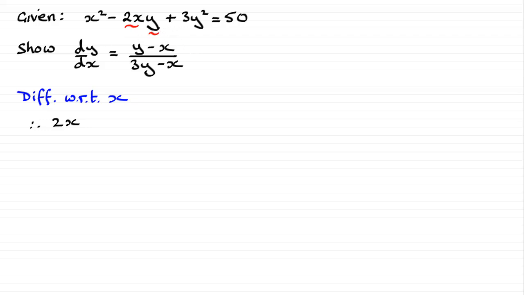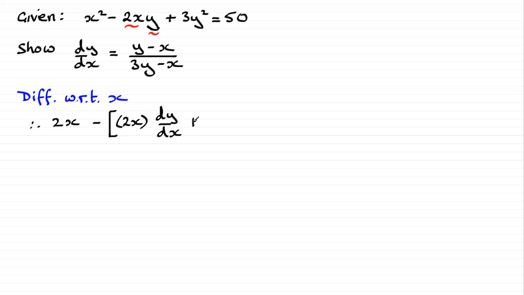I'm assuming you're familiar also with the product rule, where we take one part and multiply it by the differential of the other part, and then we do plus and the reverse. We take the second part, times the differential of the first part. So I take the 2x first, and multiply it with the differential of y with respect to x, which is simply dy by dx.